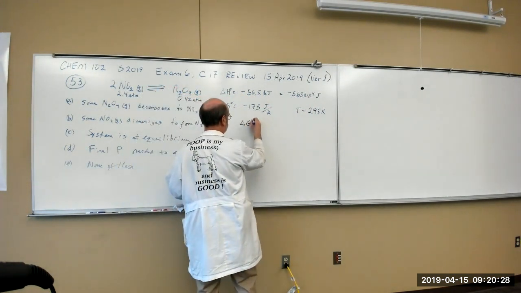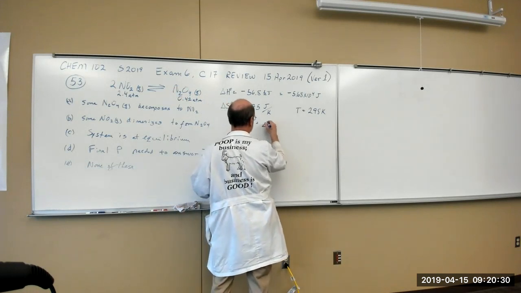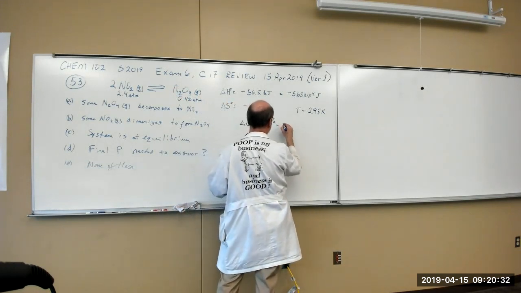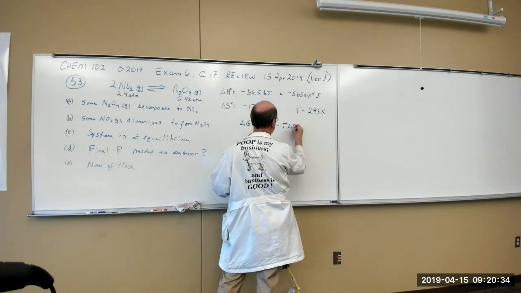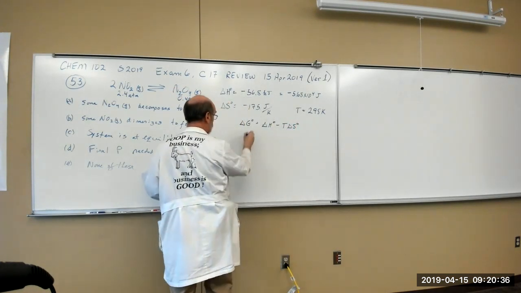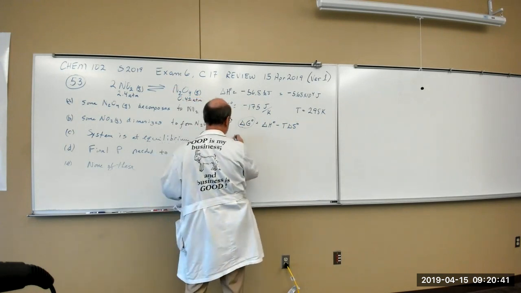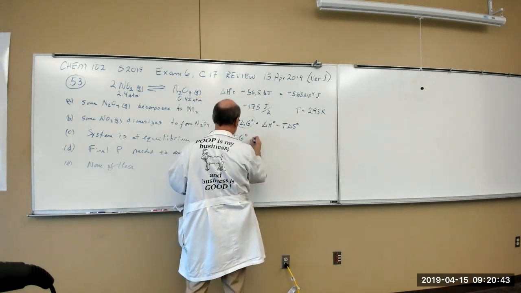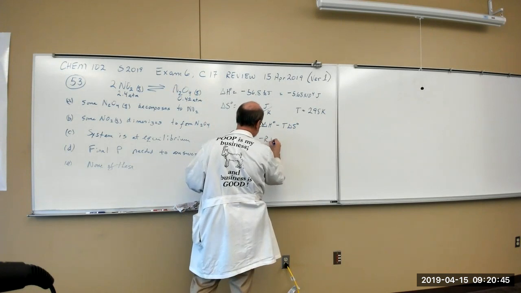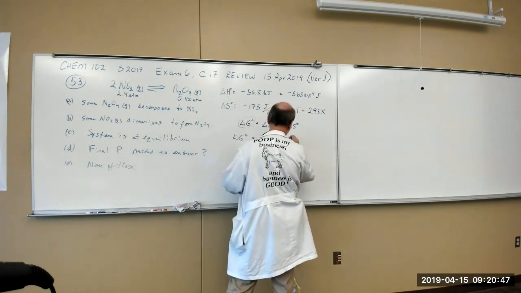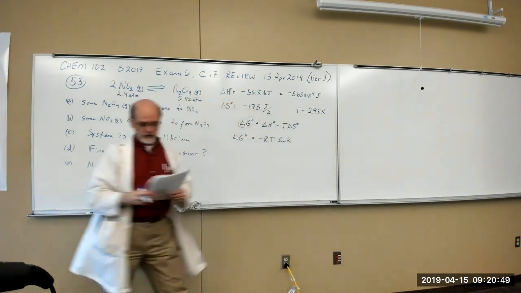We don't have K, so this will give us delta G. And then delta G is related to K through this equation. That should be useful information.